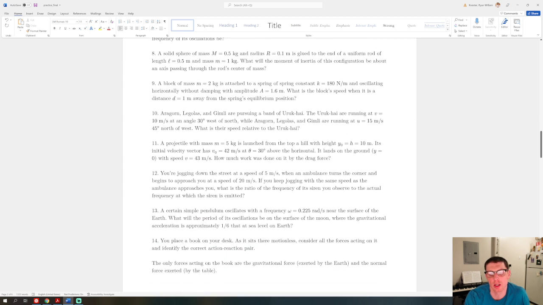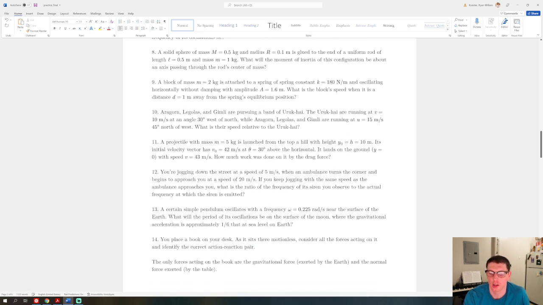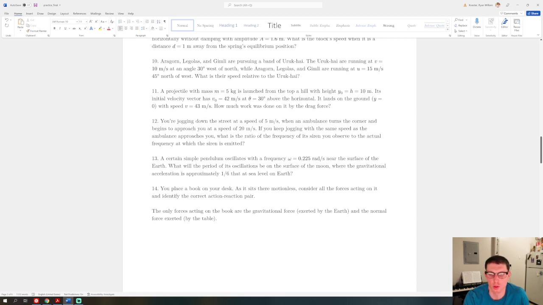13, let's see what we got here. A certain simple pendulum oscillates with frequency omega near the surface of the Earth. What is the period of its oscillations on the surface of the Moon? Okay. I don't remember the formula for a simple pendulum. I think it's the square root of g over L or something pretty straightforward, but let me just double check this.